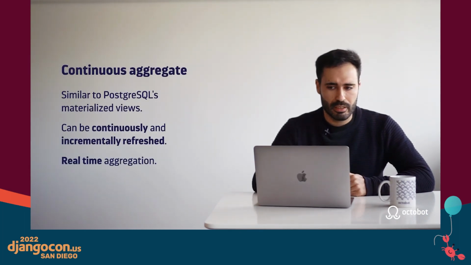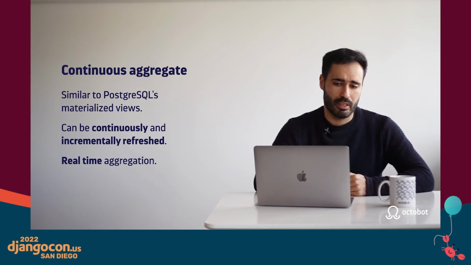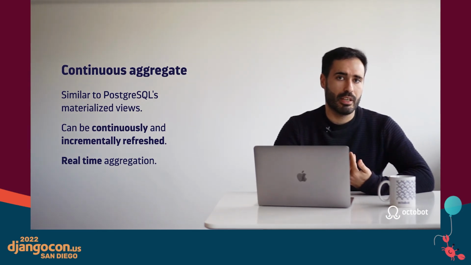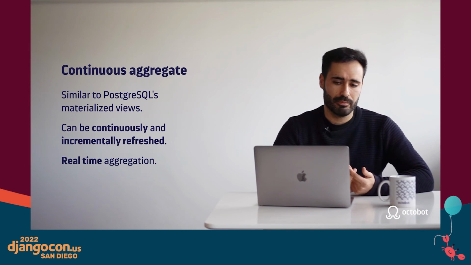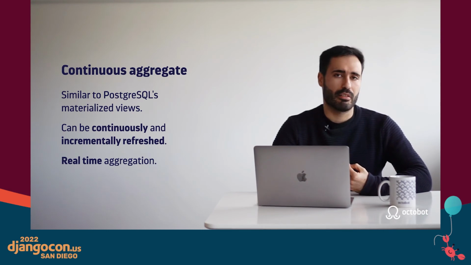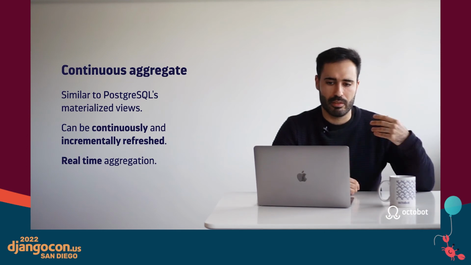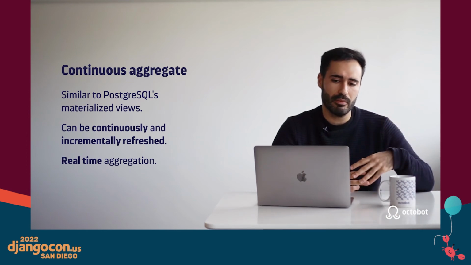Then another interesting concept is the continuous aggregate. It's designed to make queries on very large datasets run faster. It works pretty similar to PostgreSQL materialized views, but with the difference that it can be continuously and incrementally refreshed. So we can define refresh policies to automatically update our materialized views in Timescale.